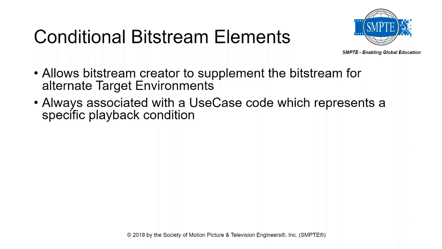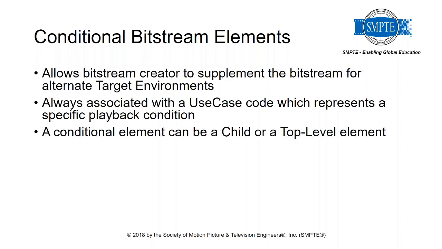If there is a conditional element, it'll always be associated with a use case code. A use case code represents a specific playback condition, also known as a target environment. Basically, a set of speakers. A conditional element can be a child or a top-level element.